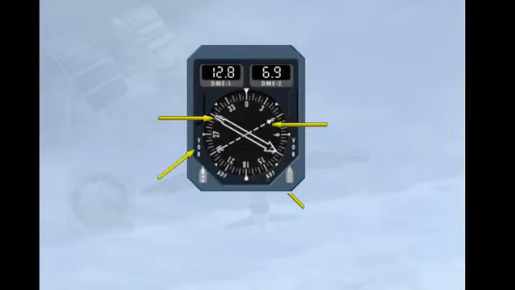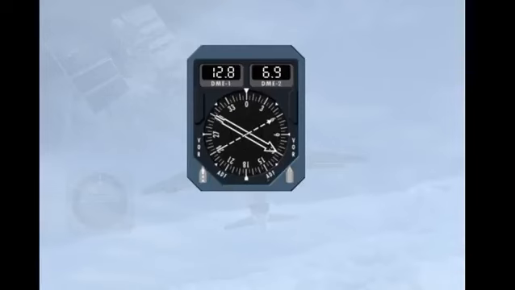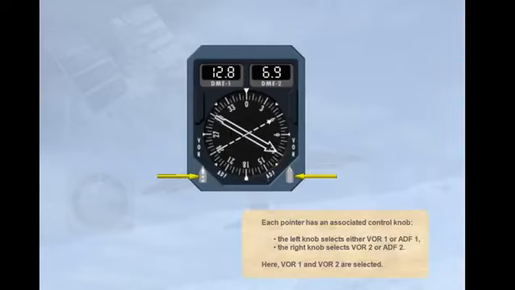Each can display either VOR or ADF information. Each pointer has an associated control knob. The left knob selects either VOR1 or ADF1. The right knob selects VOR2 or ADF2. Here, VOR1 and VOR2 are selected.